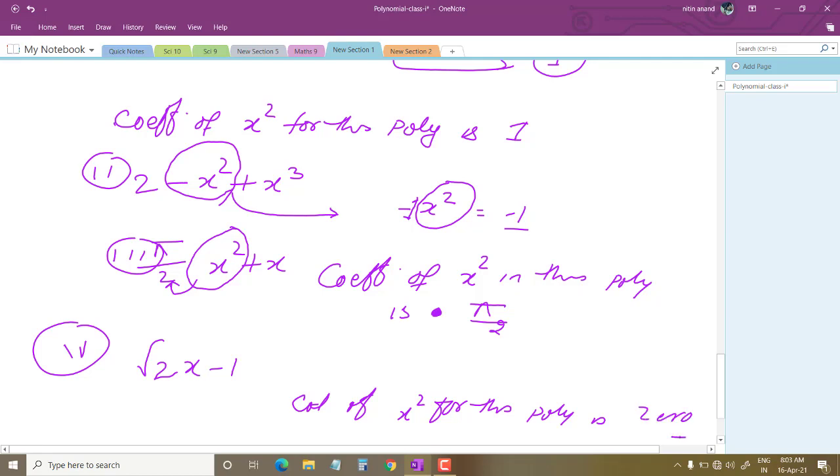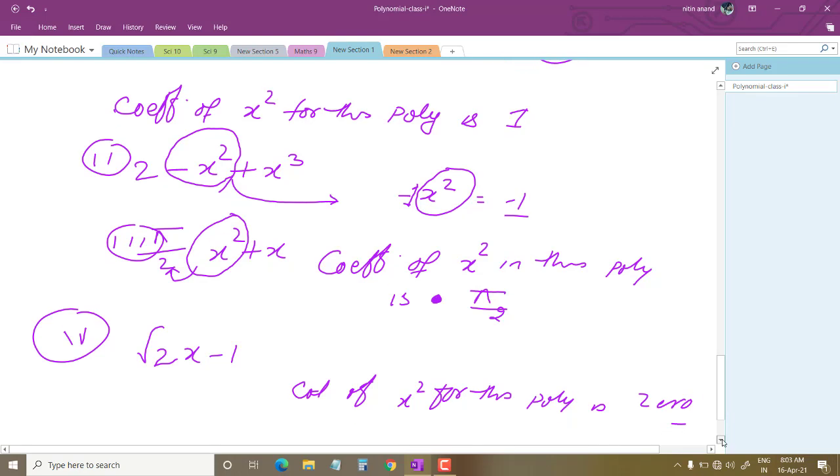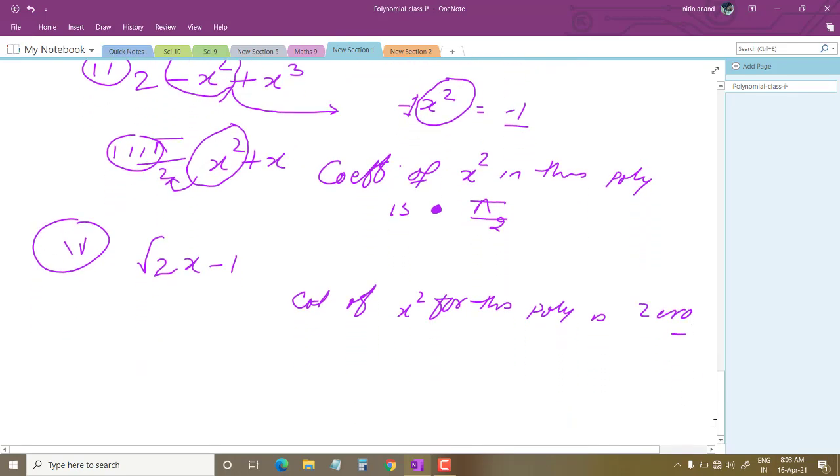Clear to everyone? Now we will discuss question number 3. See carefully. Question number 3 is: give one example each of a binomial of degree 35 and a monomial of degree 100.